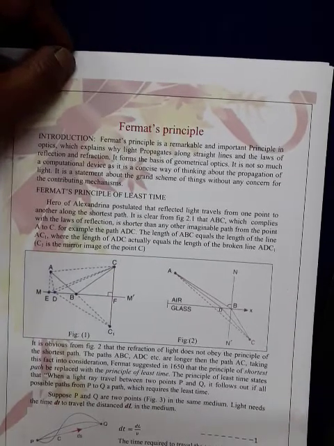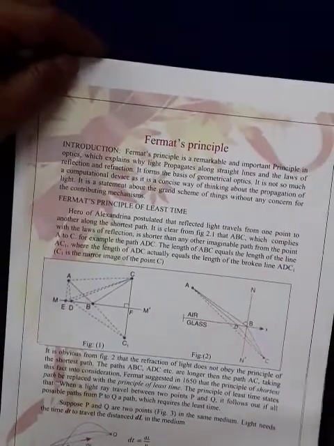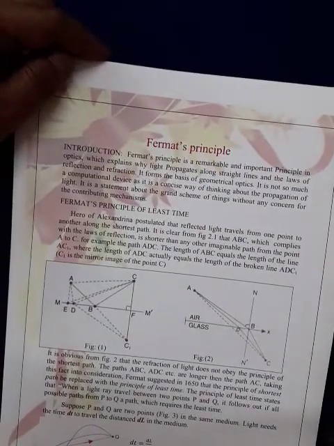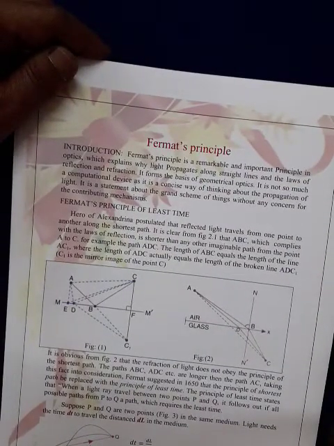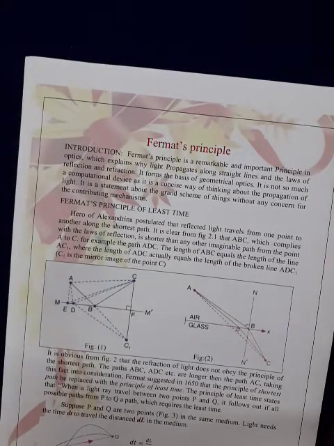Fermat's principle of least time. So here Fermat says that reflected light travels from one point to another along the shortest path.